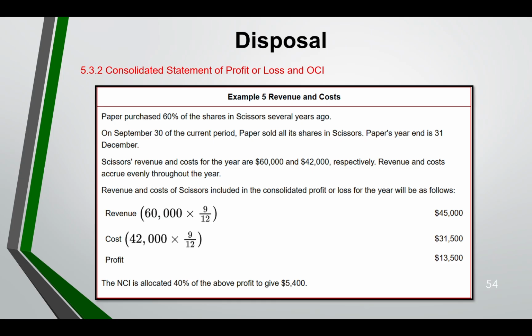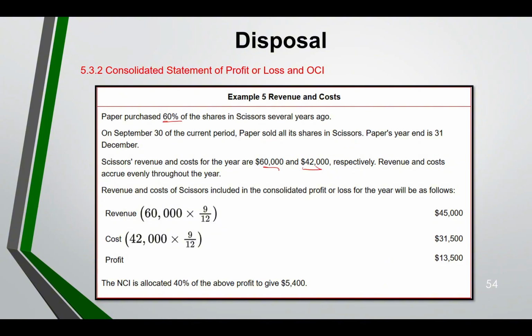Now example 5. Here Paper is purchasing 60% of shares in Scissor, and on 30th September they are selling all the shares. They have a year end of 31st December. Revenue is 60, cost is 42. Now this is how they will allocate.